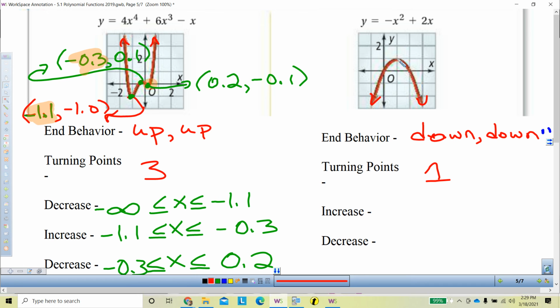So our vertex up here, you could have gotten that from the graph itself. But don't assume. I didn't mean to write 1.1. We'll just turn that into a comma: 1, 1. Okay? So, writing that interval, we always start and end.